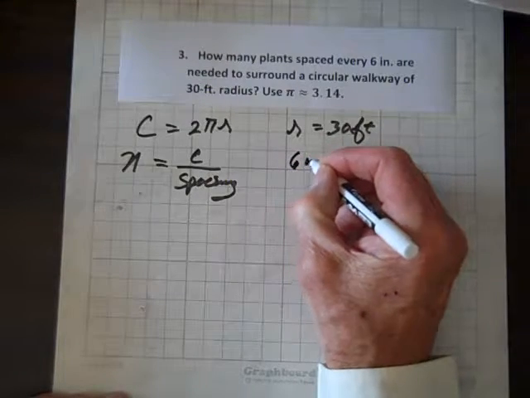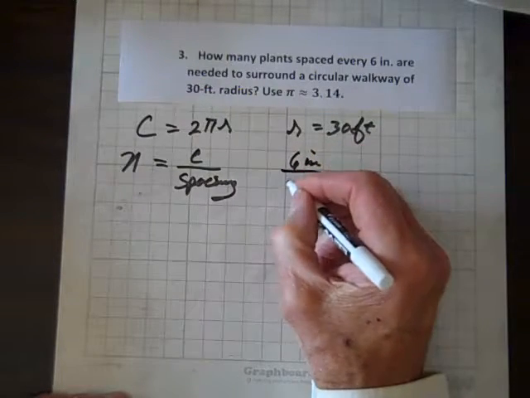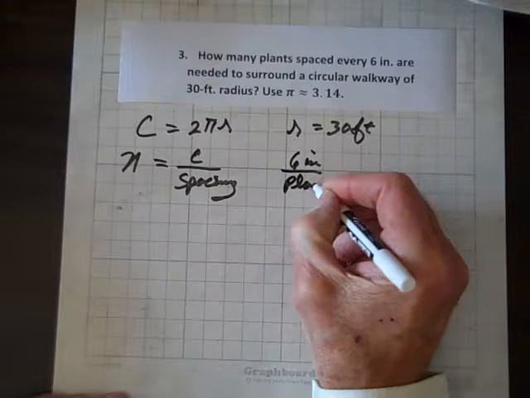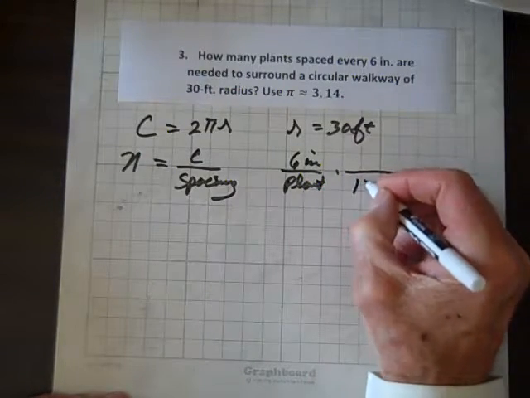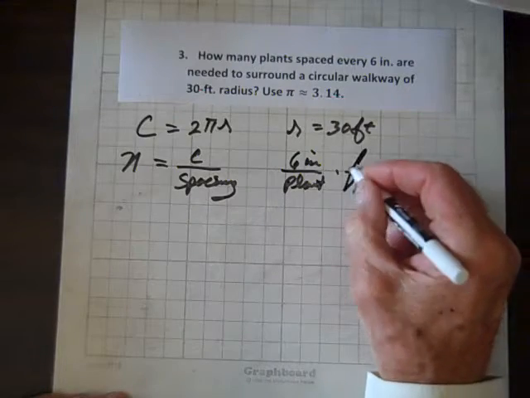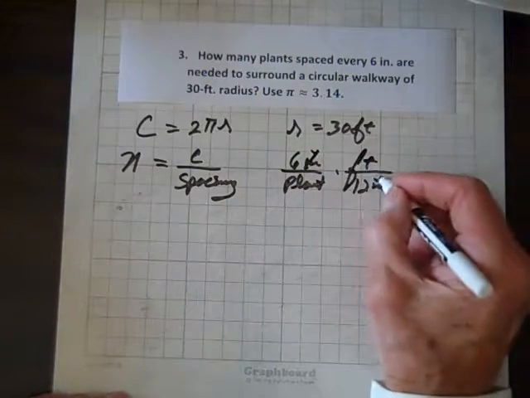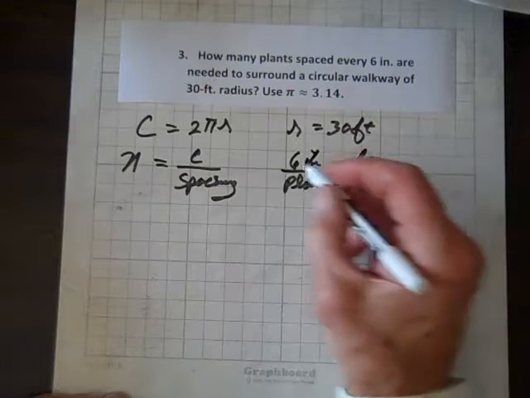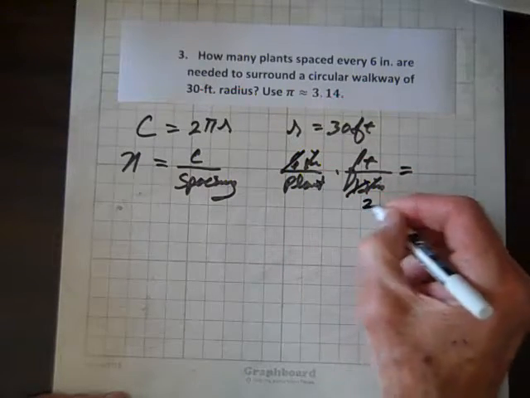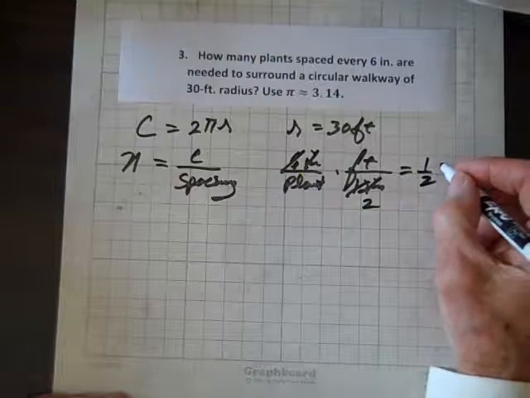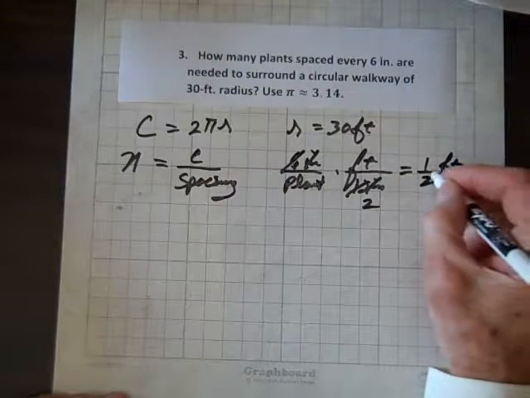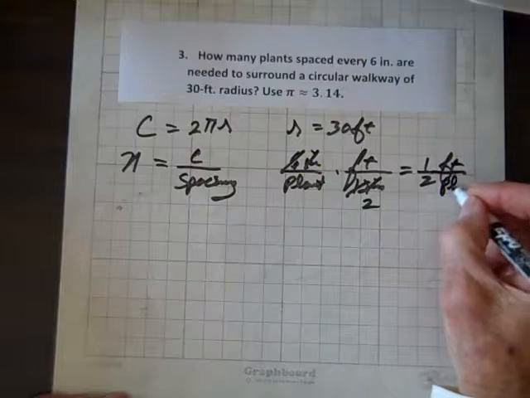So that's 6 inches per plant times, and there's 12 inches in a foot. Now the inches divide out, and we get, 6 goes into 12 twice, we get 1/2 foot per plant.